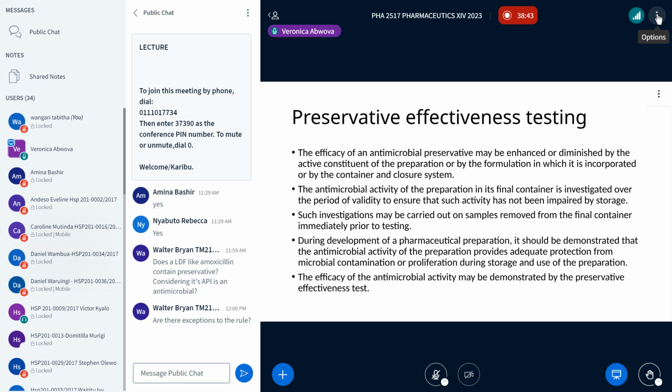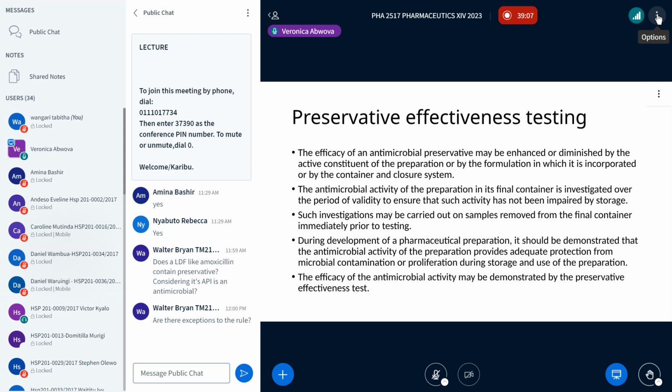Because what did we say? We said that it's possible for you to add a preservative, calculate the right amount, but the preservative goes and absorbs onto the surfaces of the container. And what happens? It means that you will not have enough preservative within your product.